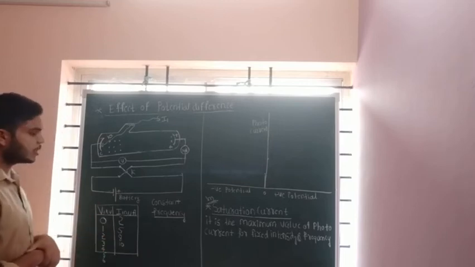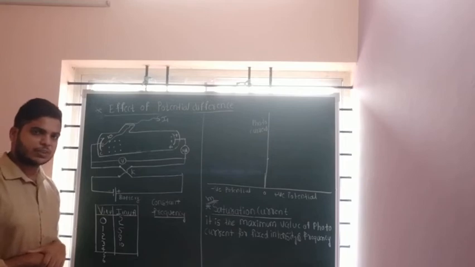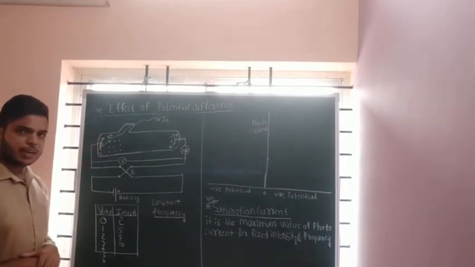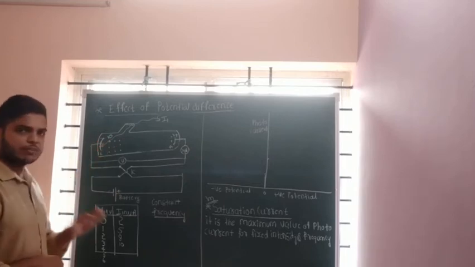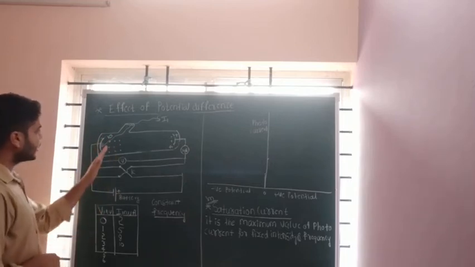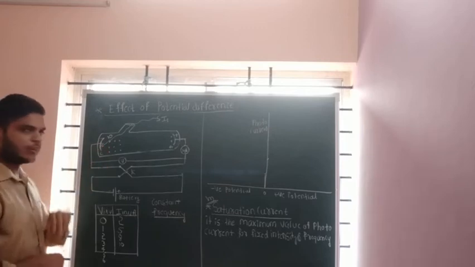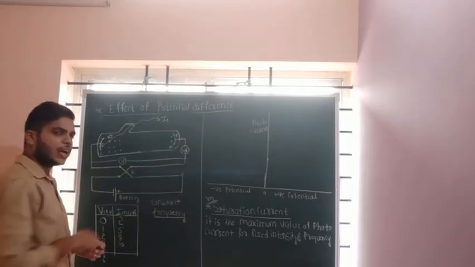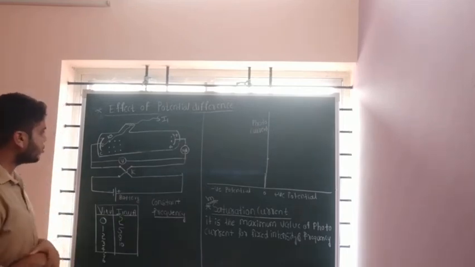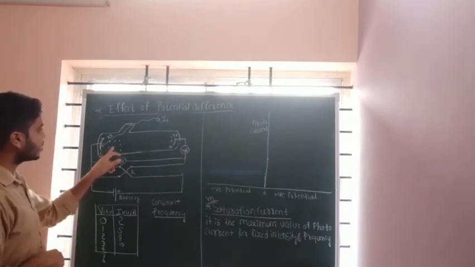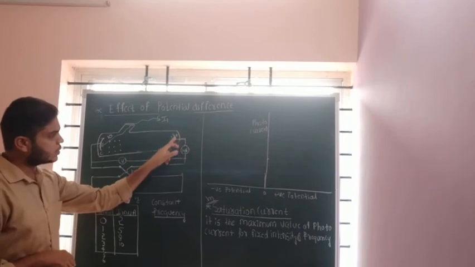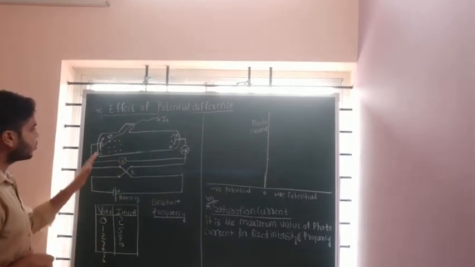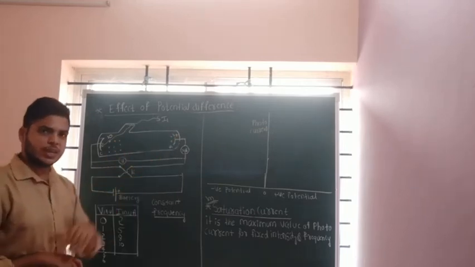We know that electrons are negatively charged particles. The emitter is negative, so negative and negative repel each other. Therefore, the electrons are repelled from the emitter. Positive and negative attract each other, so the negatively charged electrons move towards the positively charged collector because of attraction. Slowly the electrons are moving to the collector.